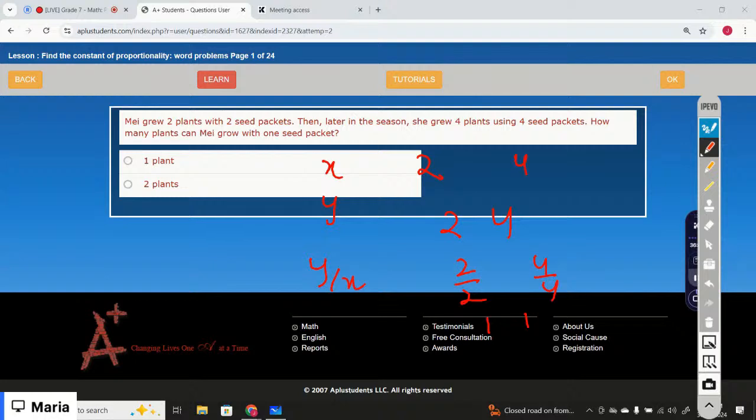The correct option is option number one. So the correct option is one plant. Let's just move on to the next lesson.